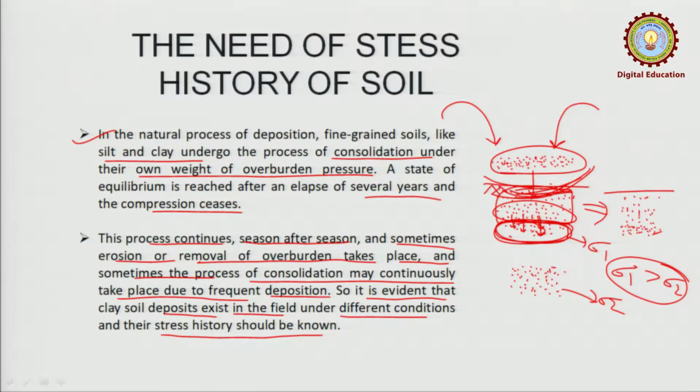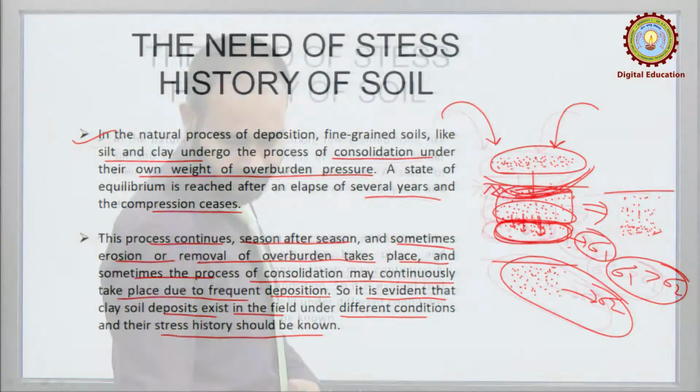If the ground is in this condition, it means it has already taken a stress higher than what it is taking at the present time, and if it is in this state, then it is already at its highest state. These are later used for the classification of the soil.